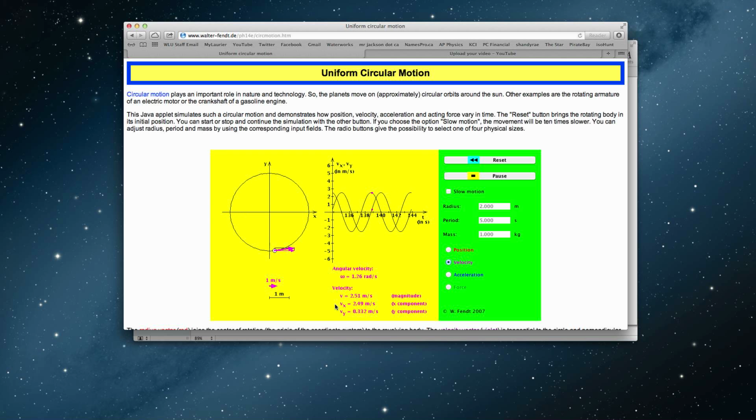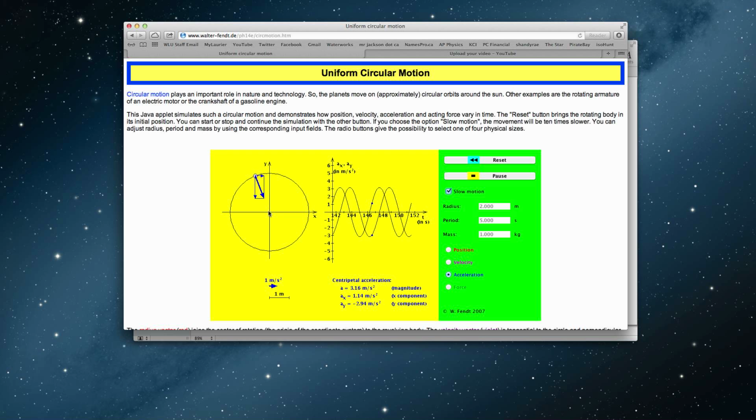And because velocity changes, we know that there must be an acceleration. As it turns out, if we investigate this acceleration, we'll notice that these 2 acceleration vectors always point in such a way that we get an acceleration that's directed at the center of the circle.